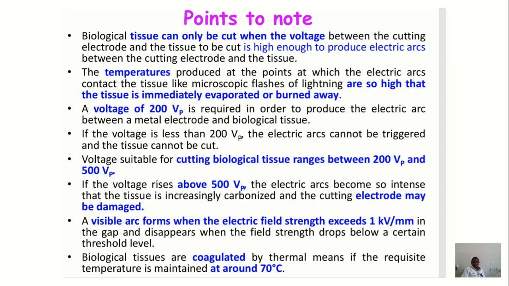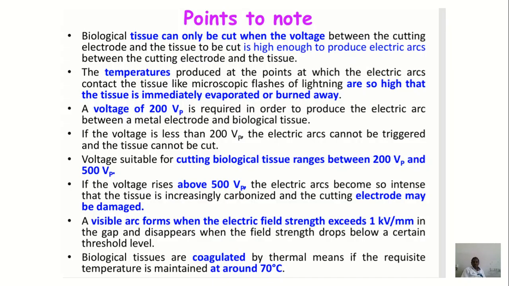Next, the temperatures produced at the points at which the electric arcs contact the tissue, like microscopic flashes of lightning, are so high that the tissue is immediately evaporated or burned away.